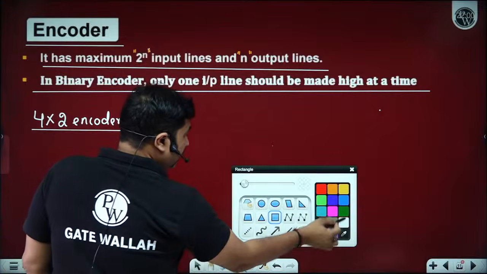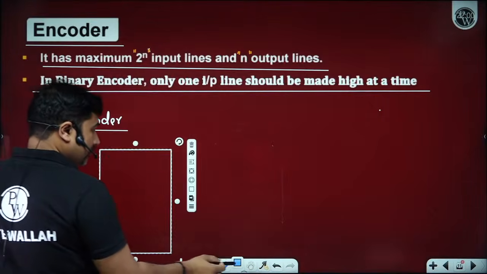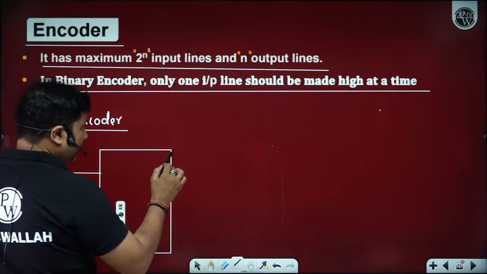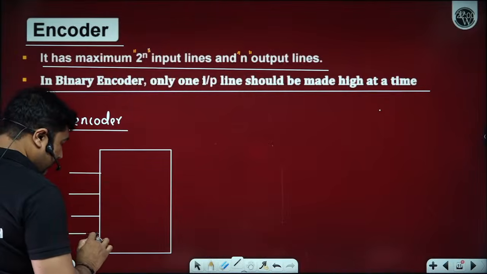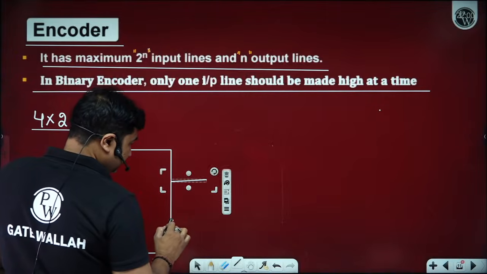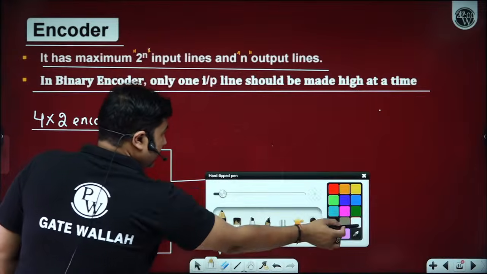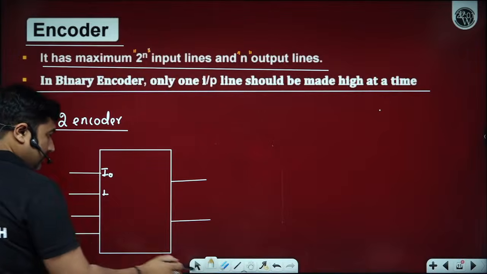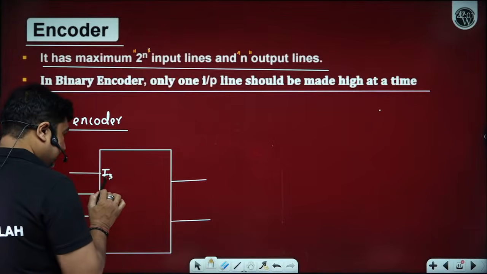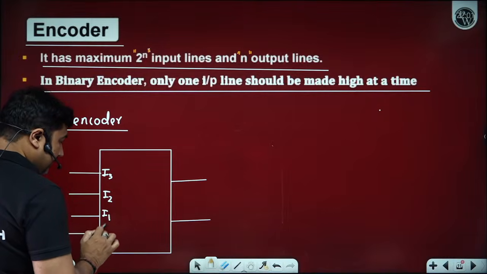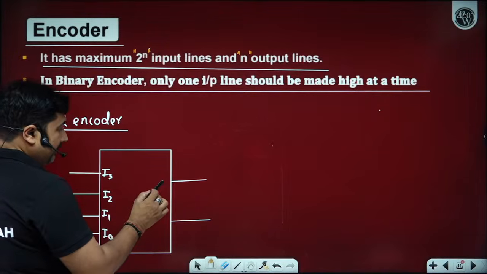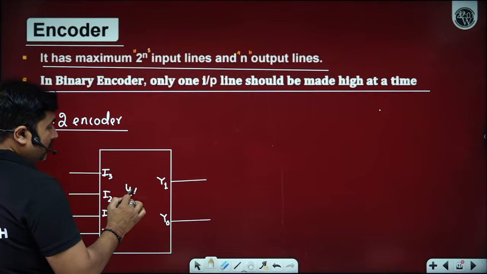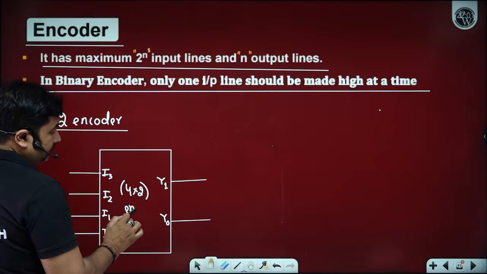We have a total of 4 inputs and only 2 output lines. Here I am representing the inputs as I3, I2, I1, I0, and the outputs as Y1, Y0. So this is your 4x2 encoder.